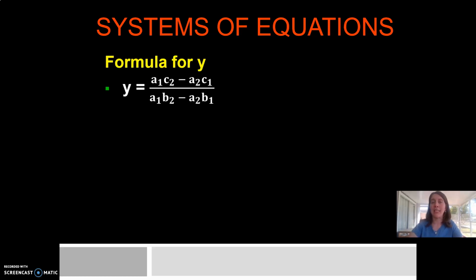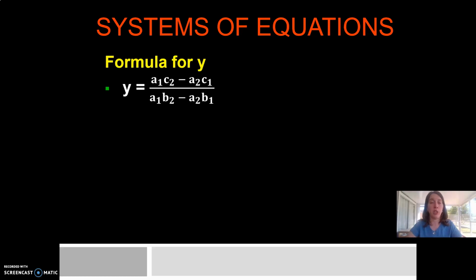The formula for y says a1c2 minus a2c1 over a1b2 minus a2b1. Now, you may notice that's actually not the exact same formula that we just came up with on the previous slide. It's the same pieces in the numerator and the denominator, but they're backwards.